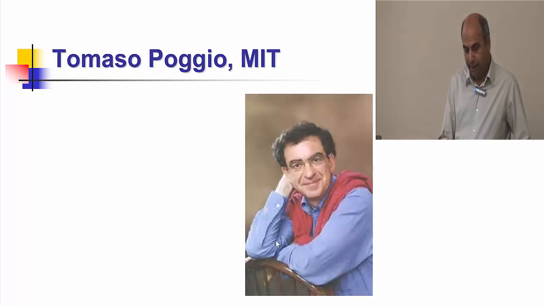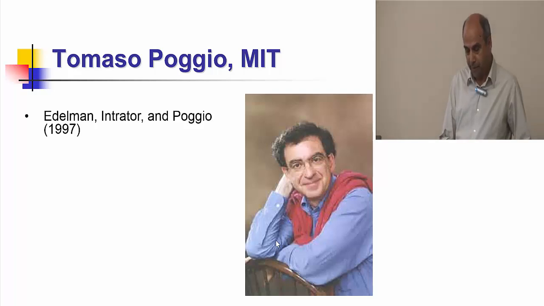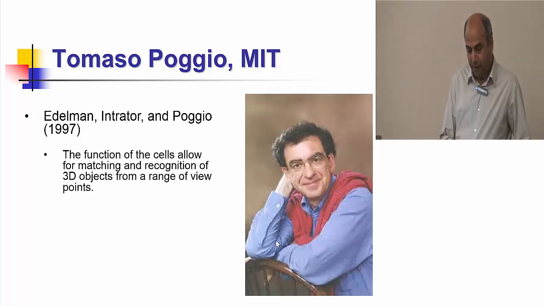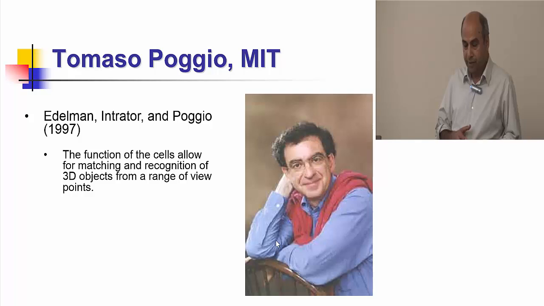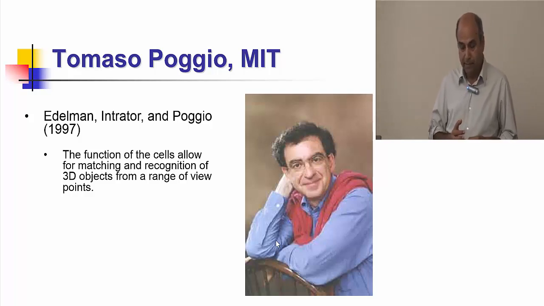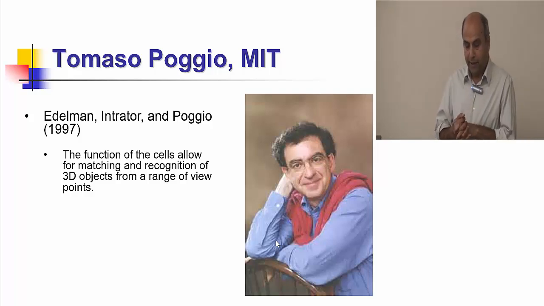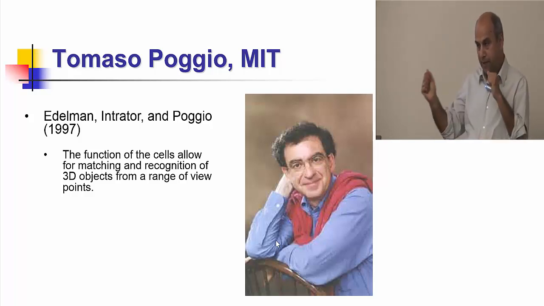The paper being cited is by Tommy Poggio from MIT, and I showed you the picture with David Moore. He was his postdoc when Moore started at MIT. He's still working on that, and they have a nice paper from 1997, where they found that these cells allow for matching and recognition of 3D objects from a range of viewpoints.